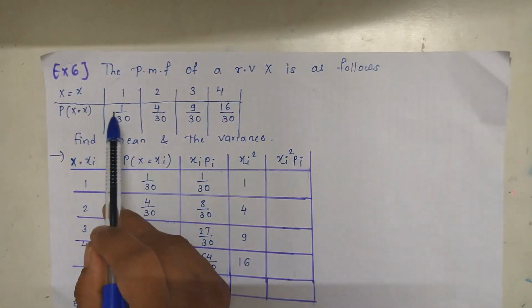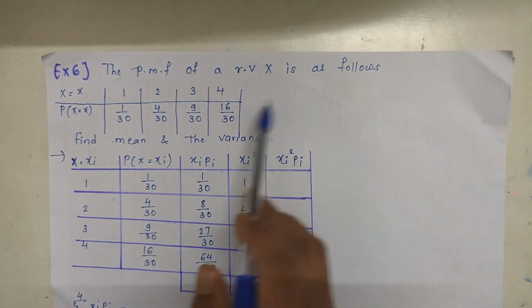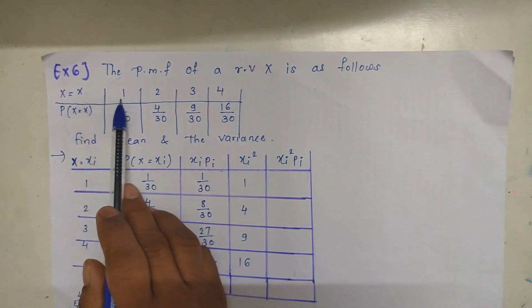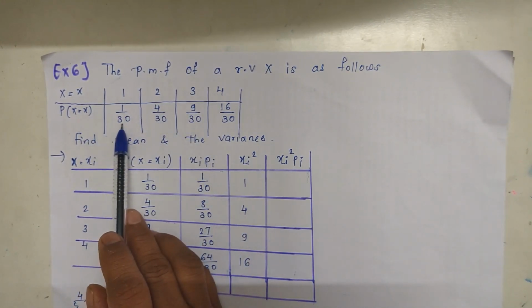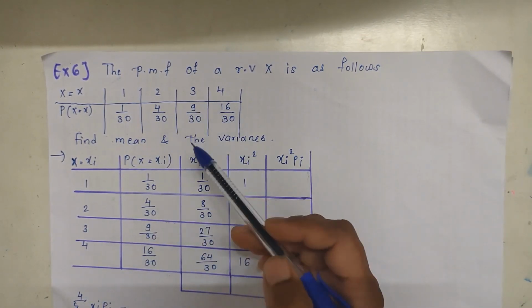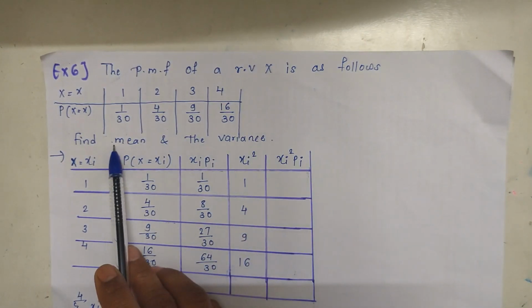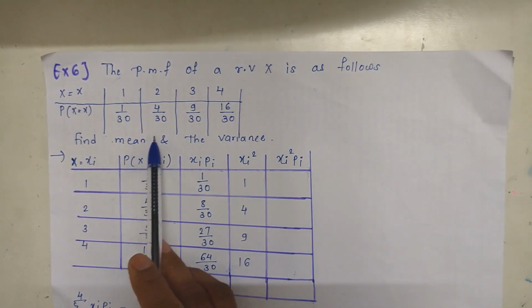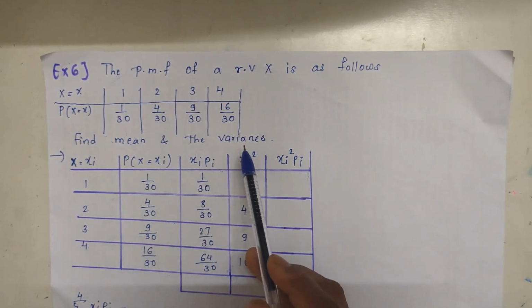Let's see example number 6. The PMF of a random variable x is as follows. For random variable x, the values are 1, 2, 3, 4 and their corresponding probabilities are 1 by 30, 4 by 30, 9 by 30 and 16 by 30. Here we have to find out the values of mean and the variance of the given probability mass function.